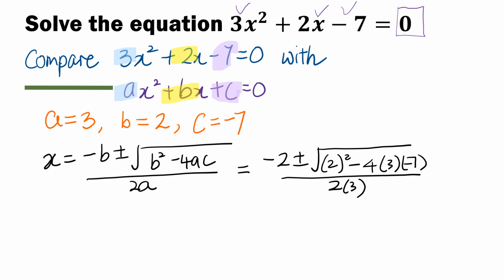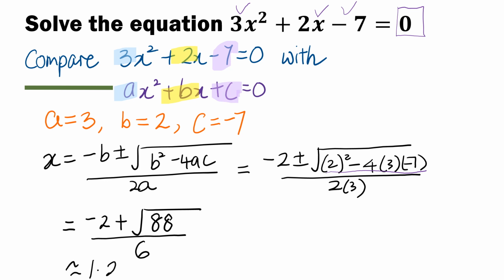You use a calculator to evaluate this, which comes up to be 88. Then use a calculator again to further evaluate the answer to get 1.23. To evaluate this, you use the fraction function in your calculator.